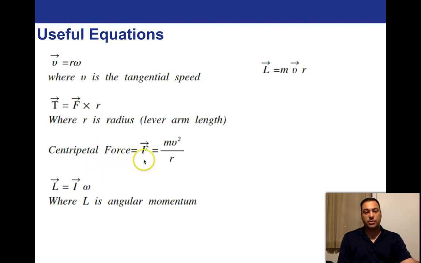The centripetal force is just force equals mass times the velocity squared over r. And of course, angular momentum is I, which is inertia, times omega. And then another way of saying angular momentum, probably even better and more useful, is this nice equation up here, where angular momentum equals mass times velocity times the radius.